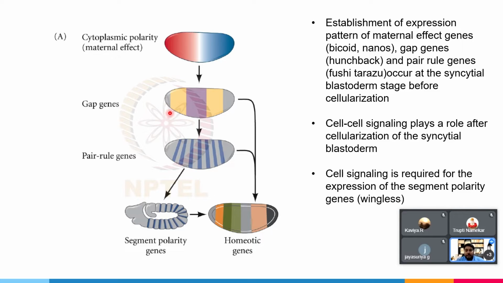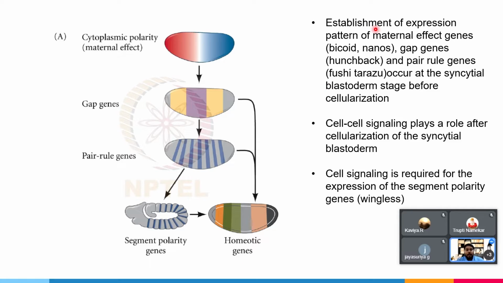Next, the gap genes help the expression of the pair-rule genes, and here we have the pair-rule genes being expressed, and finally segment polarity genes are expressed with the help of pair-rule genes, and all of this together helps in the expression of homeotic genes, which actually play a major role in body plan establishment of Drosophila embryos.